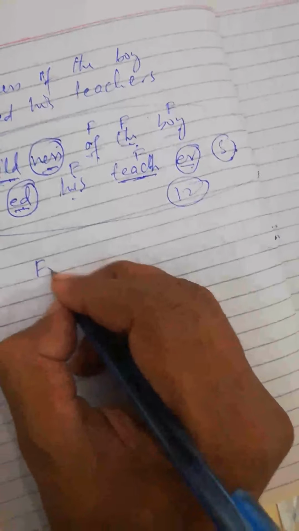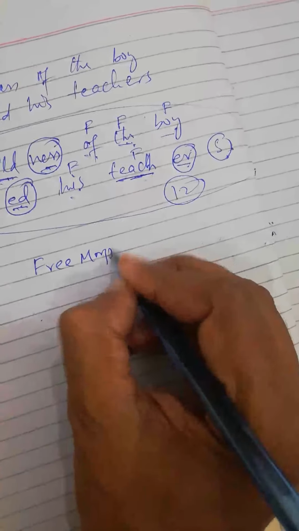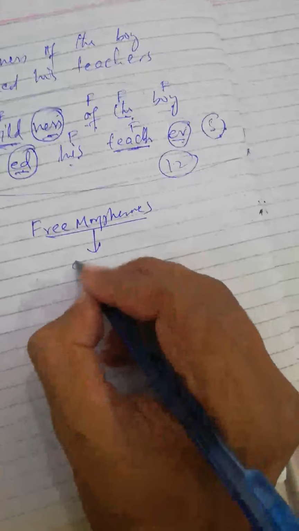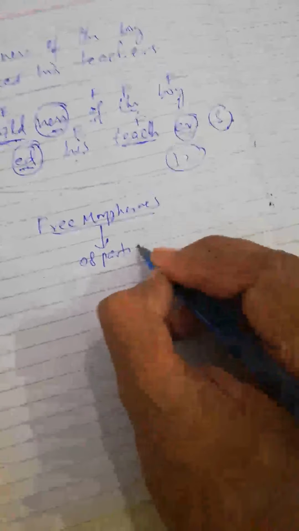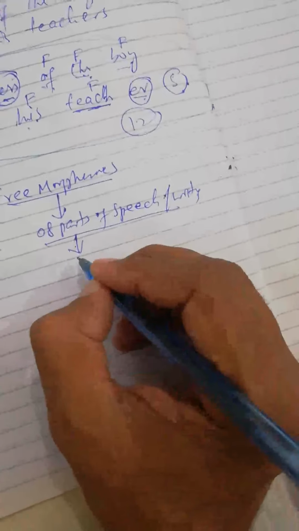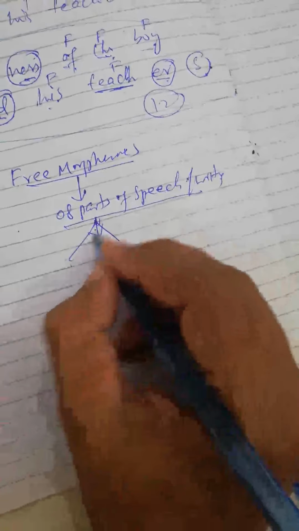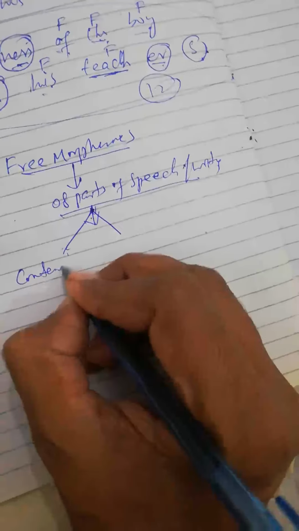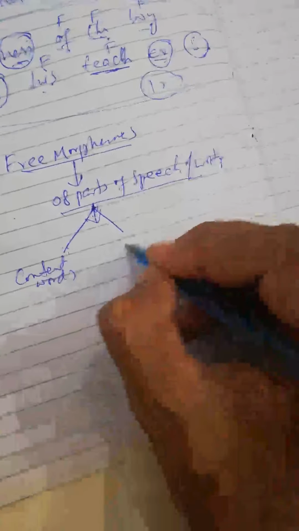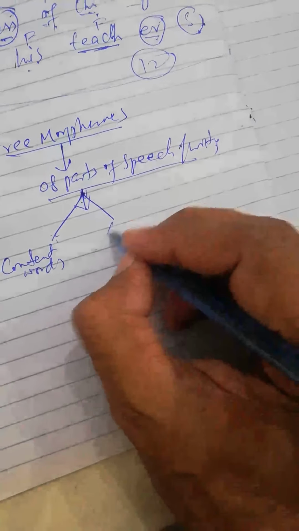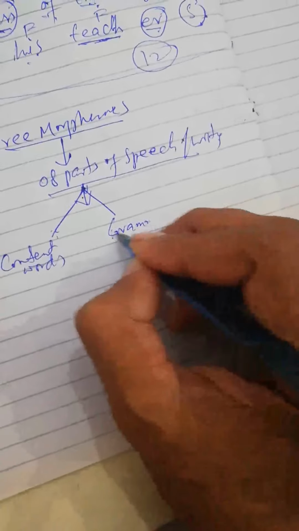So what are free morphemes? Free morphemes are actually the 8 parts of speech. These are divided into two categories: content words and grammatical, or functional, words.